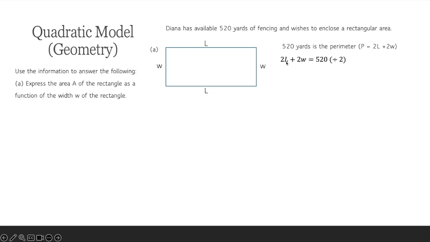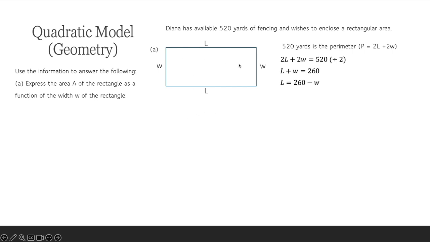I see that each coefficient is even, and I can divide everything by 2. Now I have that, and then I write the length as a function of W. Why? Because I want to express the area of the rectangle as a function of W. If it said a function of L, then I would write W as a function of L, but that's not the case here. So I have L as 260 minus W. How do I find the area of a rectangle?